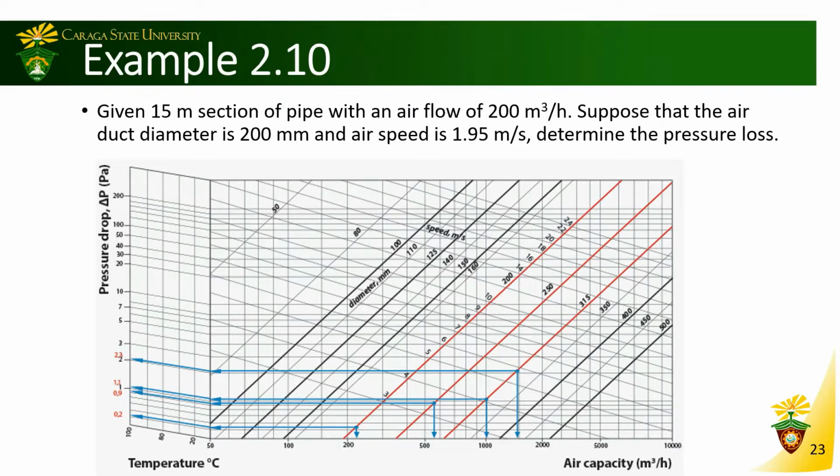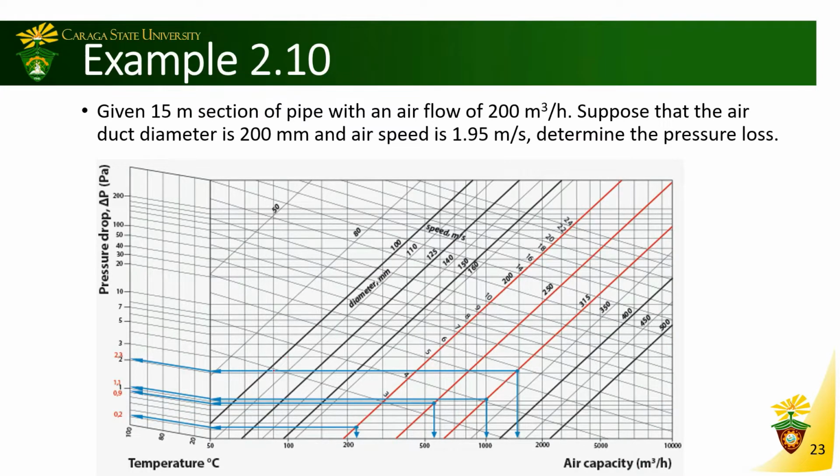This is in terms of pressure drop, delta P in pascals. Just disregard the temperature right here. The x-axis is the air capacity in cubic meters per hour, also referred to as the quantity.